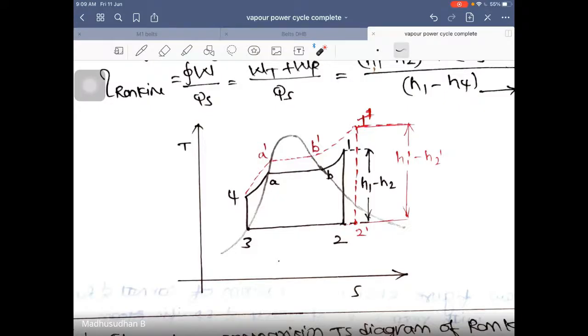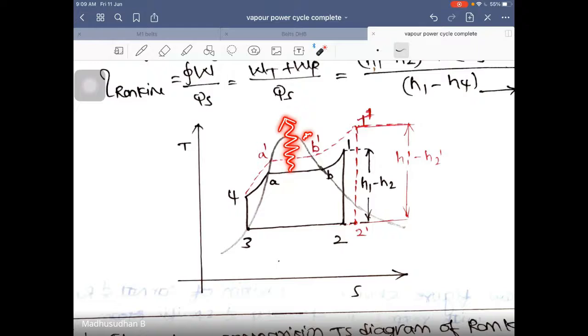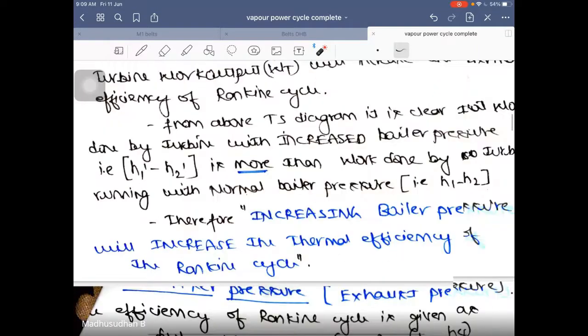So after the increase, yes or no? If you go on increasing the boiler pressure, what happens to your work output? It increases. That's what. So please read this one.